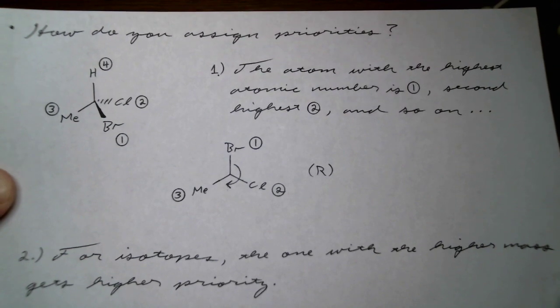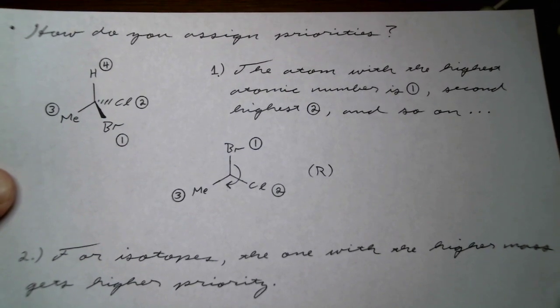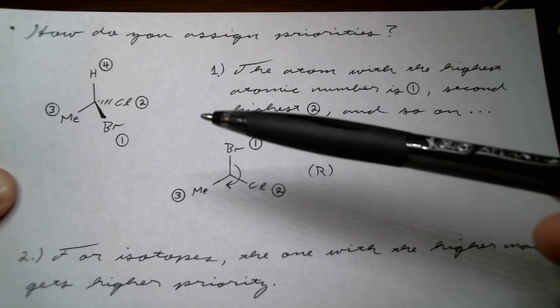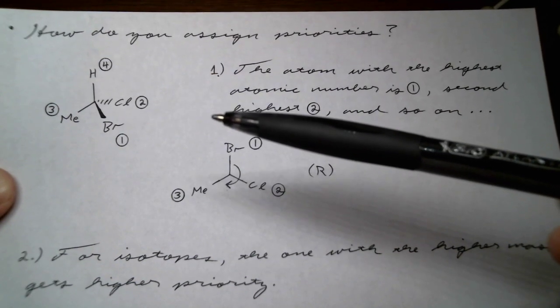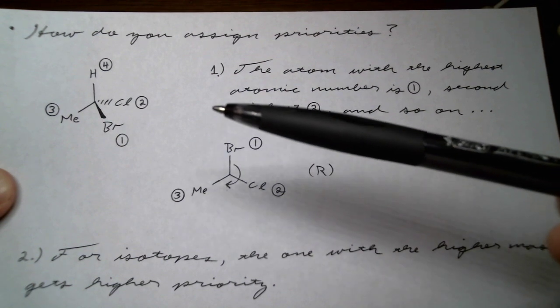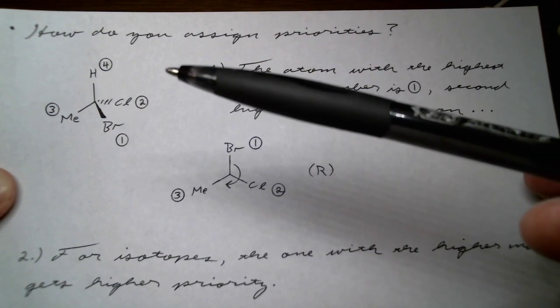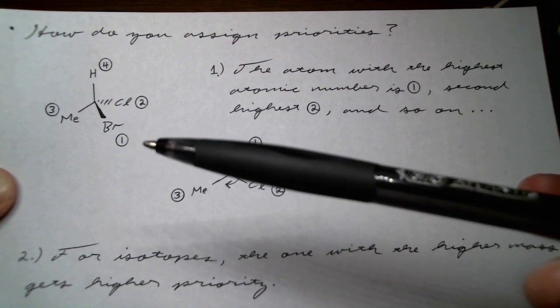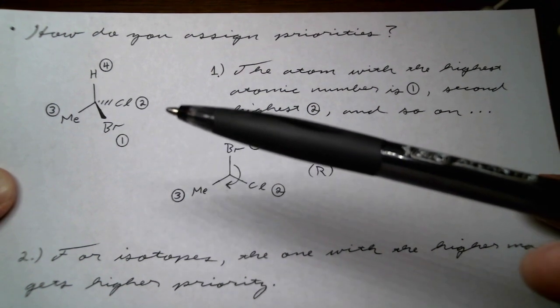So, for example, we've got our nice example of 1-bromo-1-chloroethane. And so we've assigned priorities. First priority is the bromine because it has the highest atomic number.